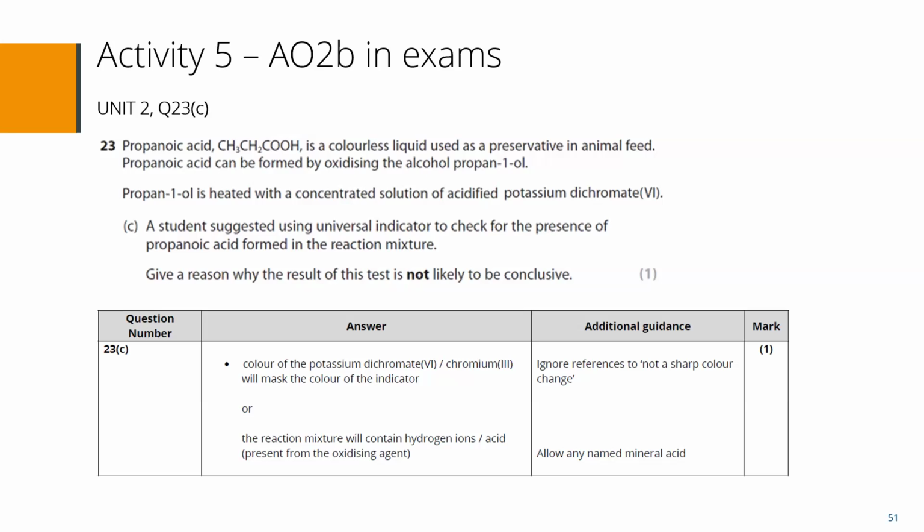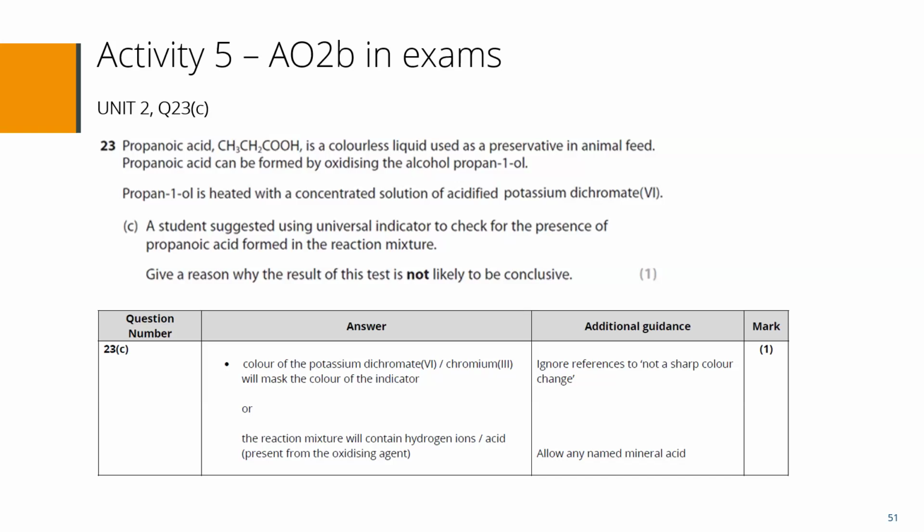It can be formed by oxidizing propan-1-ol. Propan-1-ol is heated with a concentrated solution of acidified potassium dichromate(VI). A student suggested using universal indicator to check for the presence of propanoic acid formed in the reaction mixture. Give a reason why this result is not likely to be conclusive.